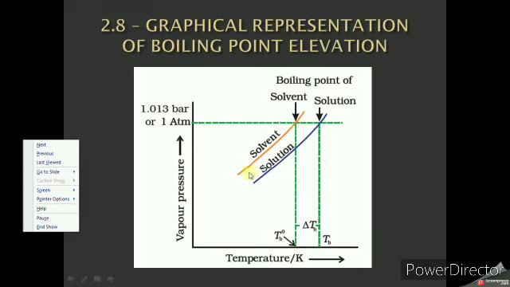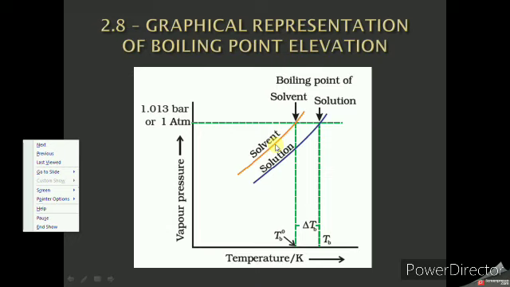This line is for the solvent, indicated with the orange line, and the solution line is indicated with blue. This point is the boiling point of the solvent, in your book it is A, and this point indicates the boiling point of the solution, in your book it is C.